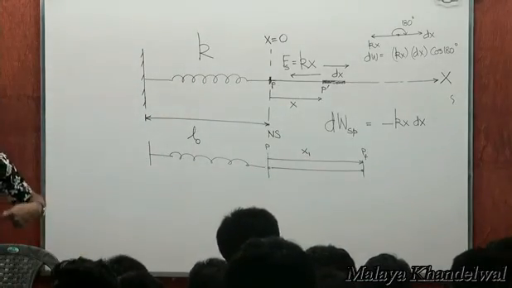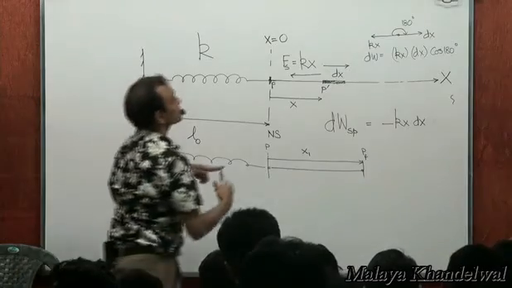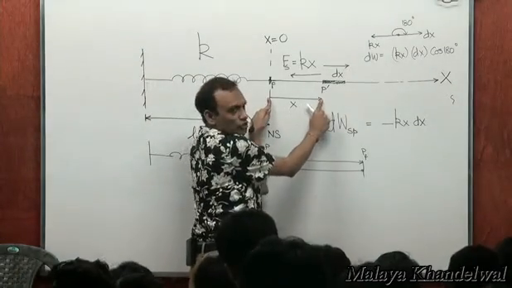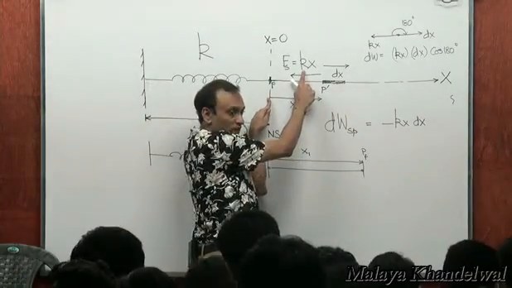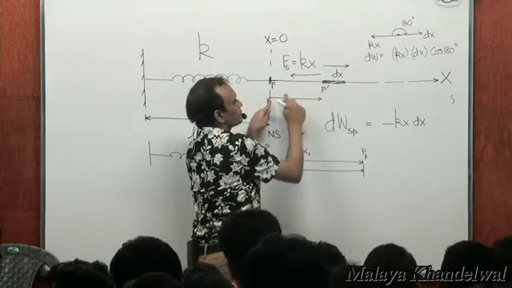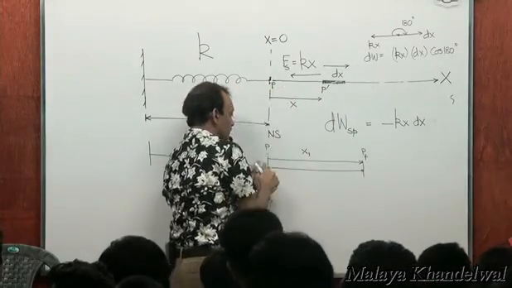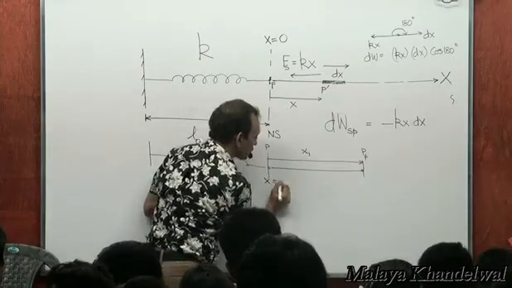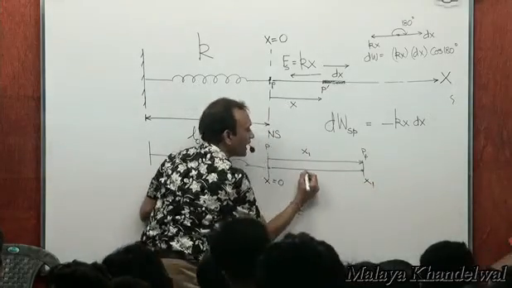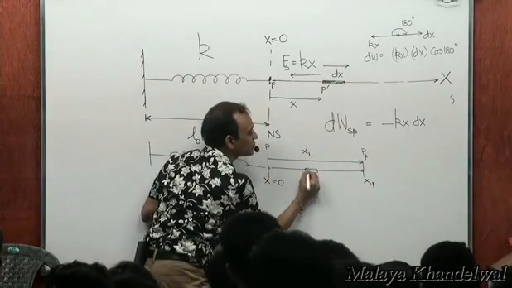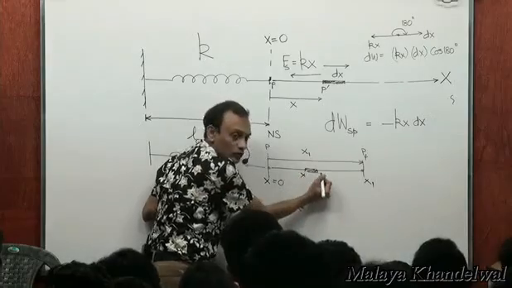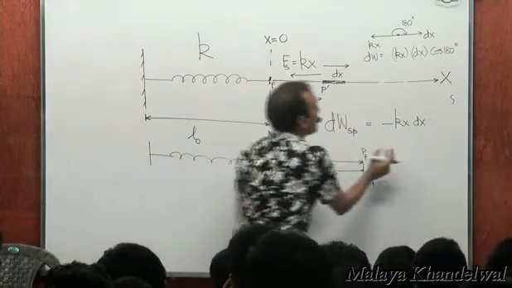Then to calculate the total work done, what I do is, at different values of x, I take a force, spring force, into displacement. For all values of x, starting from x equal to 0 to x equal to x1, I take different x's, displacement corresponding to those x's, and calculate the work done. And I sum up all such numbers.